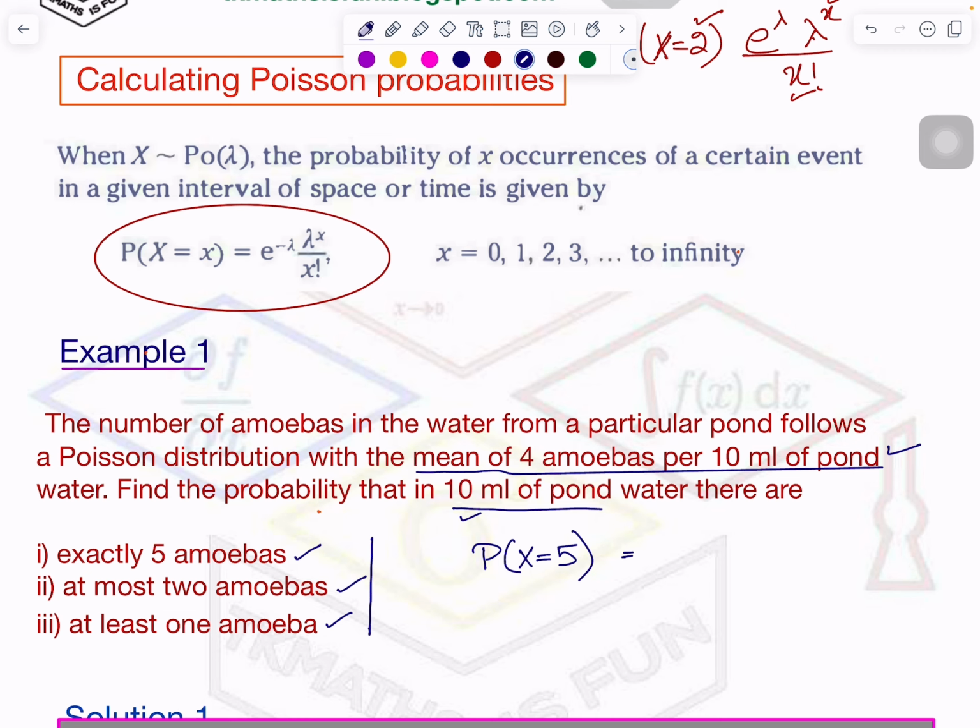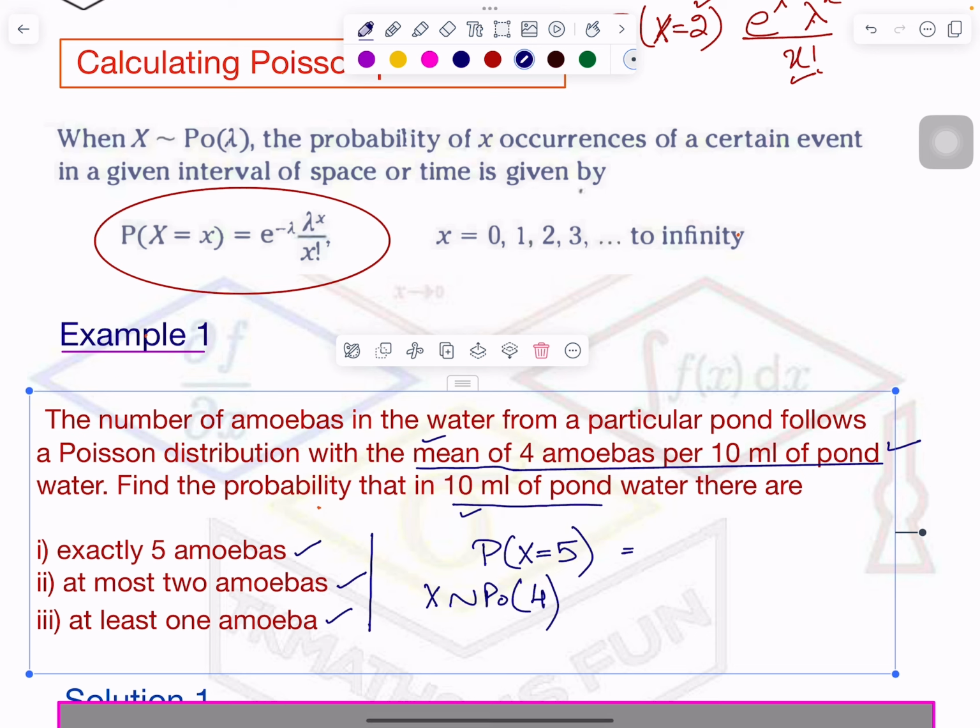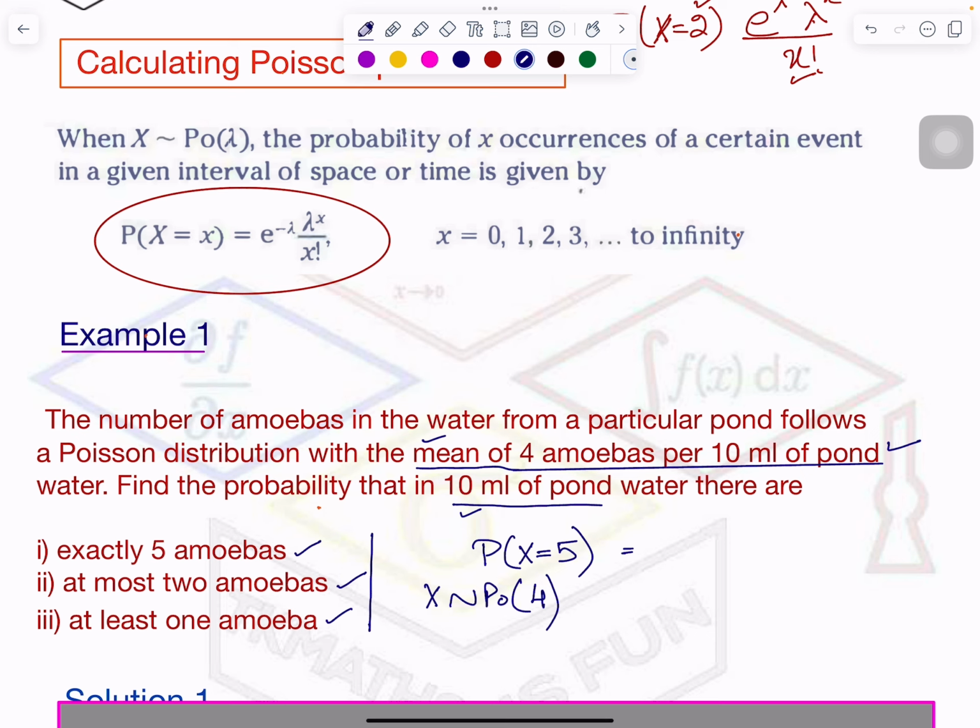And the formula will be, by the way, if I want to write this, how will I write it here? I will write it like this, right? This is the information from the question. So I will write e to the power minus lambda, lambda power x over x factorial.